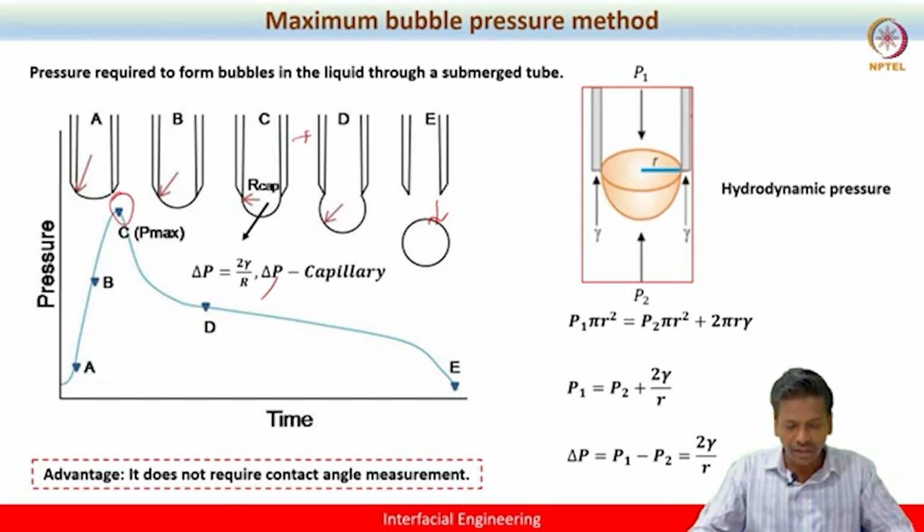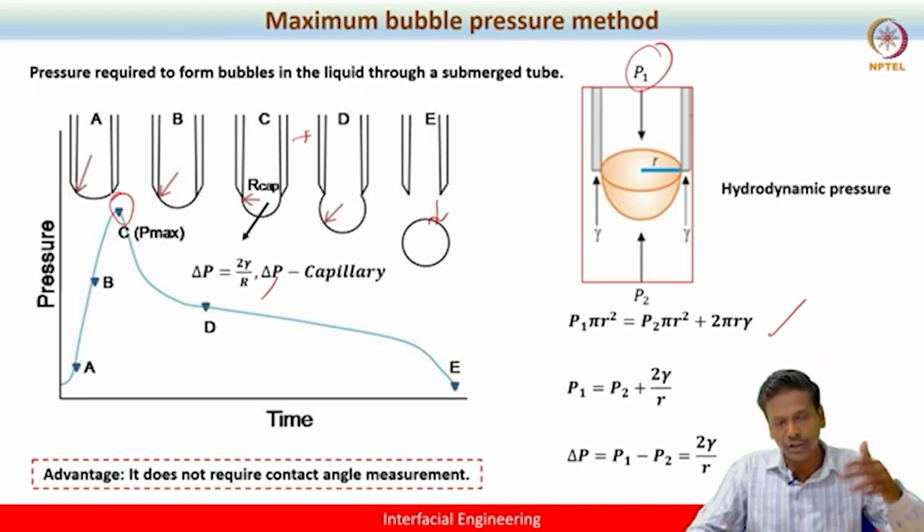So what we can do is perform a simple force balance, because we have pressure from both ends. One is from the top through the tube, let's say P1. The other is the pressure from the bottom, because the tube is immersed in the liquid pool.